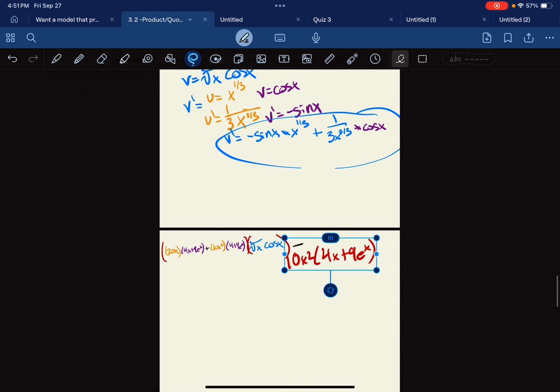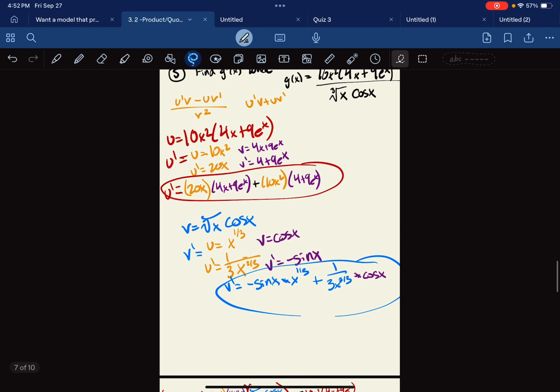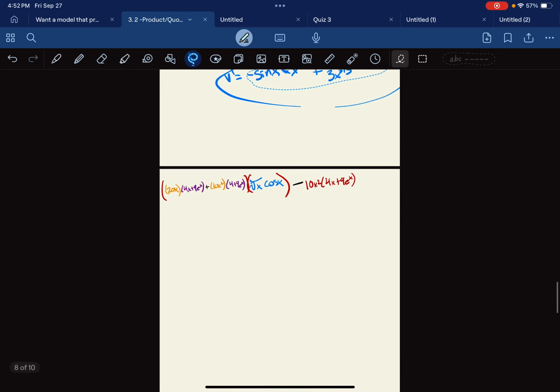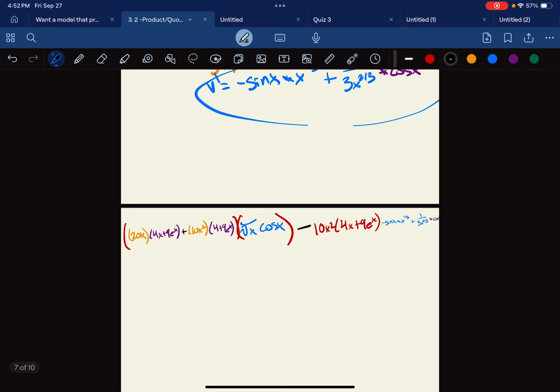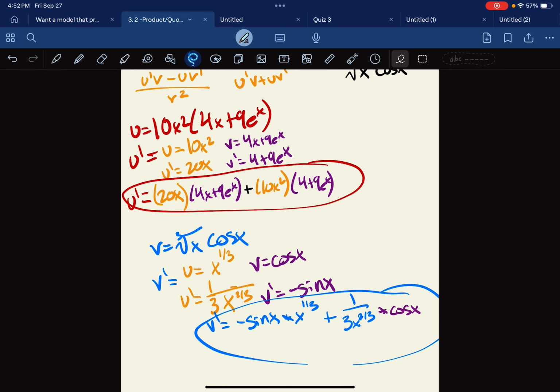You're just fitting things into different places, and sometimes there's a puzzle within the puzzle and stuff like that. And we got v prime, which is this. So something like that. And then we just divide by v squared, which will be this.